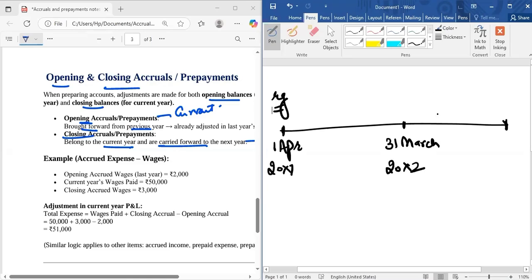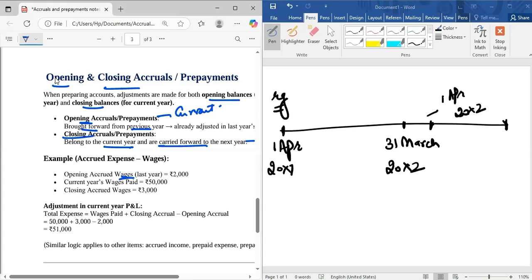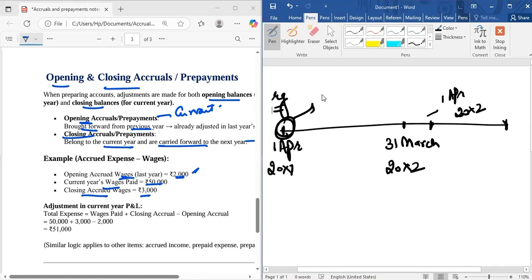And our opening is 1 April 20x2. So what happened was that opening accrued wages are 2000, current year wages which we have paid are 50,000 and closing accrued wages are 3,000. So on this date, we brought forward the wages of 2000.